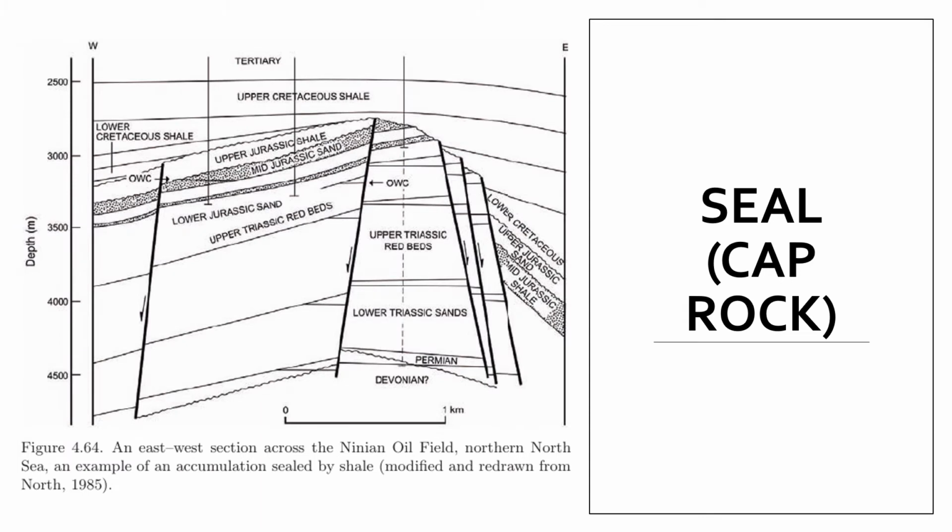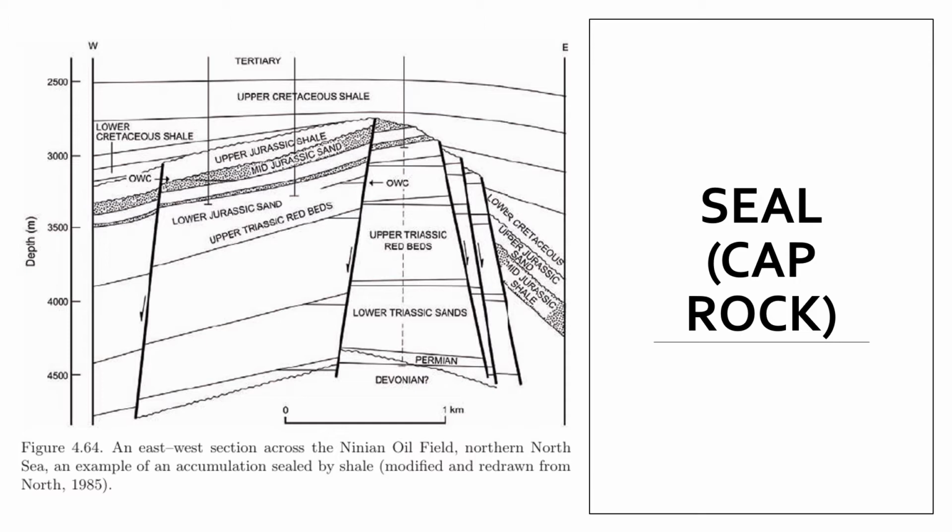Now let's move on to the seal or the cap rock, right? The role of your cap rock is to just hold down your accumulated oil and gas. As we can see here in the figure, we have a formation that consists of sandstone and shale, which are your reservoir rock.